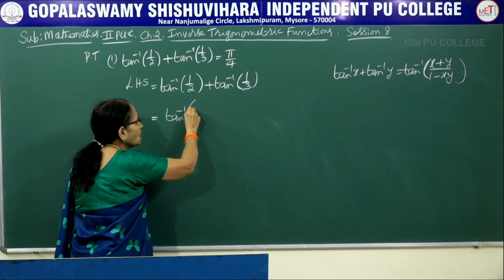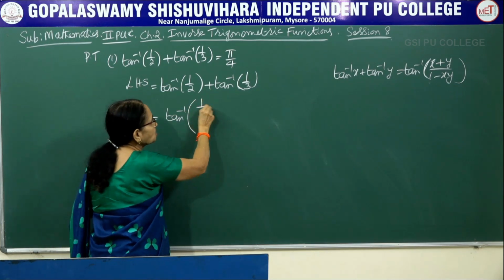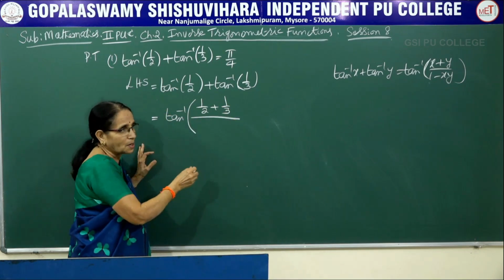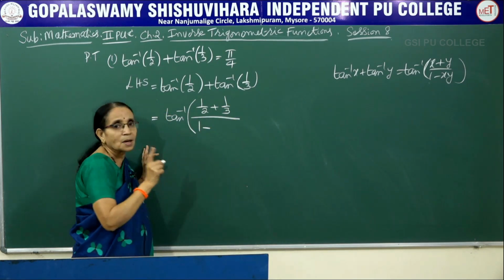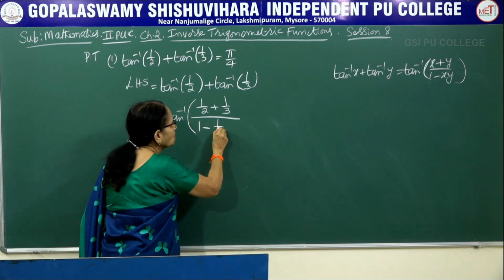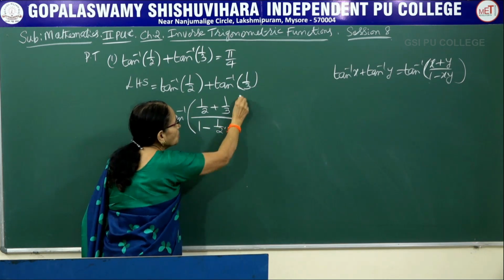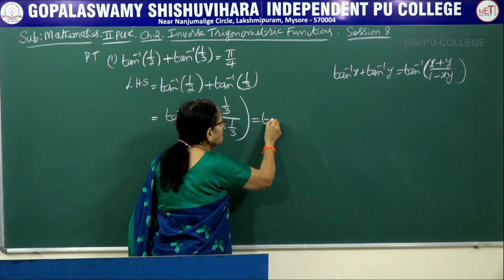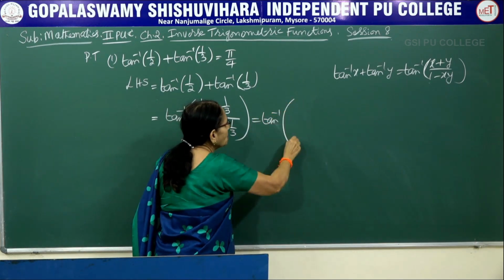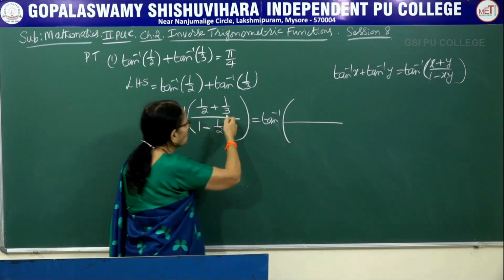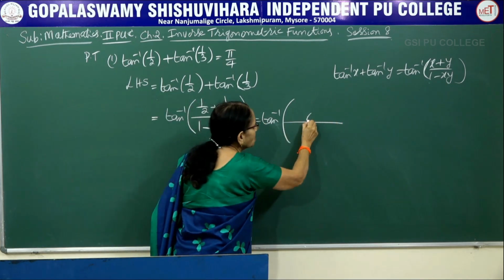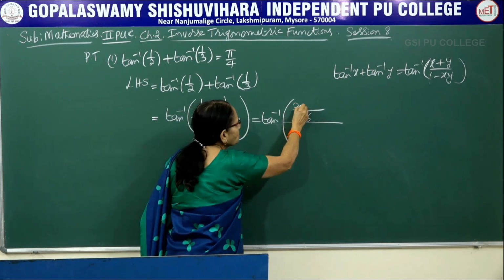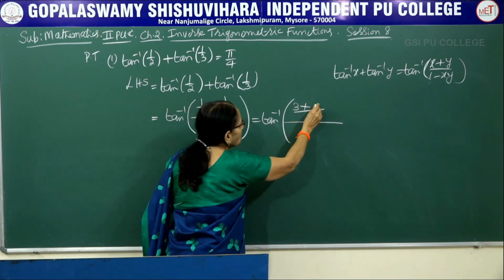It is tan inverse of x plus y, that is half plus 1 by 3, divided by 1 minus x into y, that is 1 by 2 into 1 by 3. Now let me make the arithmetical calculation here. Tan inverse of, I take the LCM for both the numerator and denominator, which is 6. So 2 3s are 6, 3 1s are 3, 2 1s are 2.